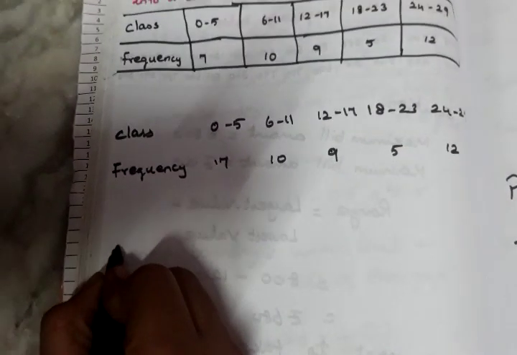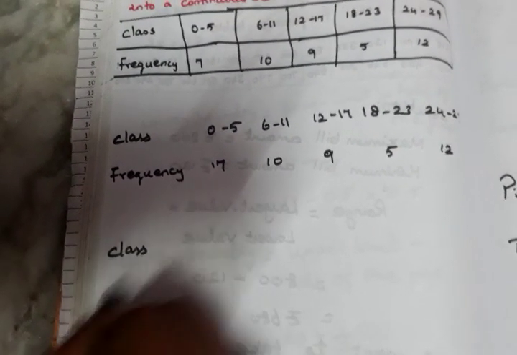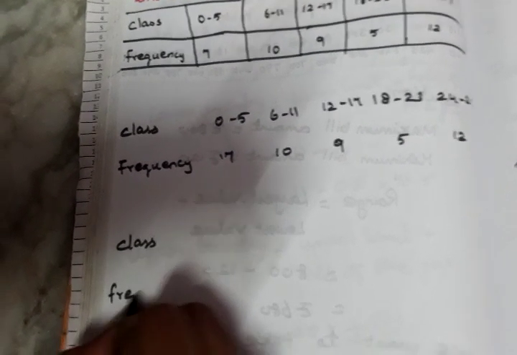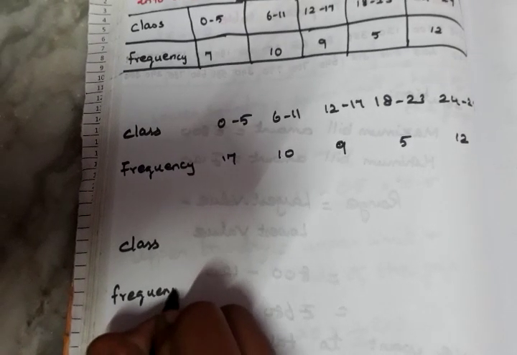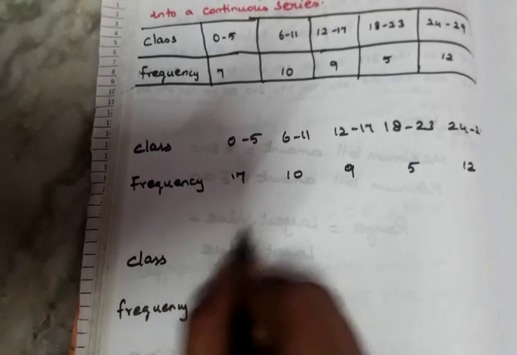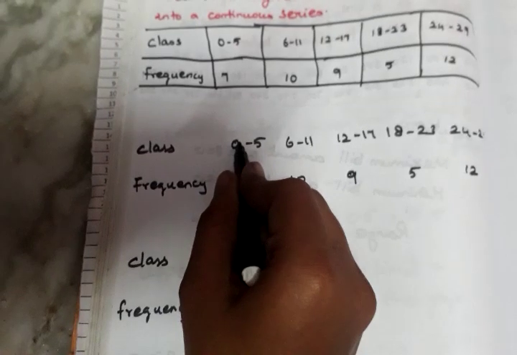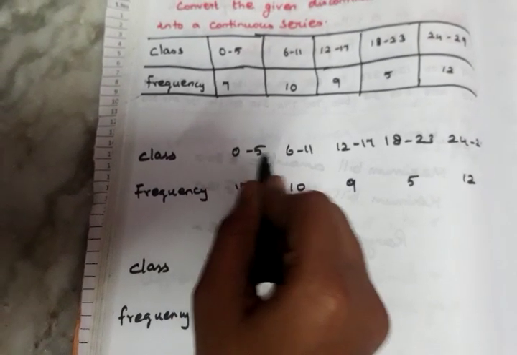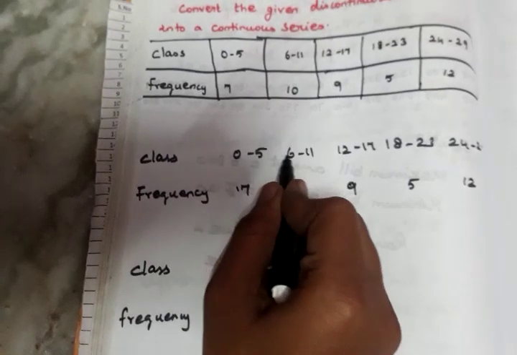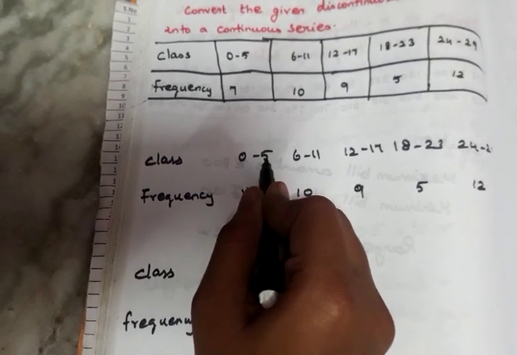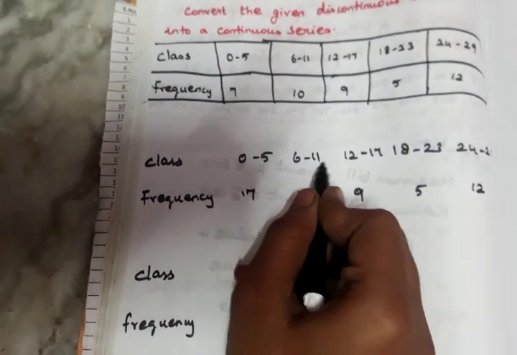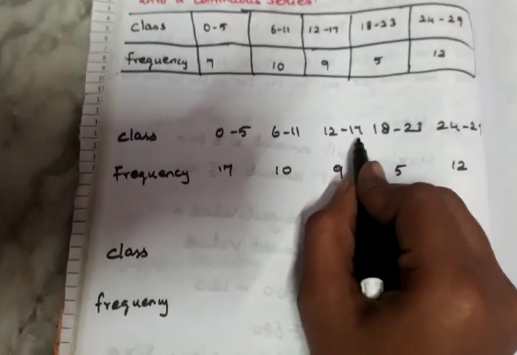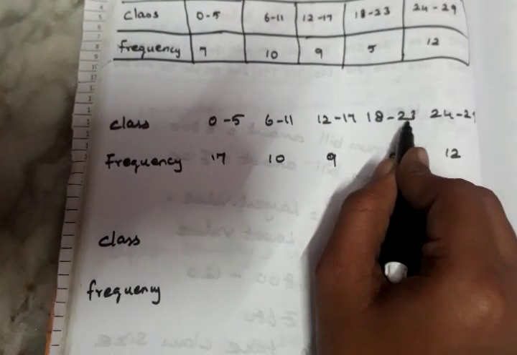Discontinuous to continuous series. So for 0 to 5, we subtract 0.5 from the lower limit. The gap between 5 and 6: 6 minus 5 is 1, 12 minus 11 is 1, 18 minus 17 is 1, 24 minus 23 is 1.